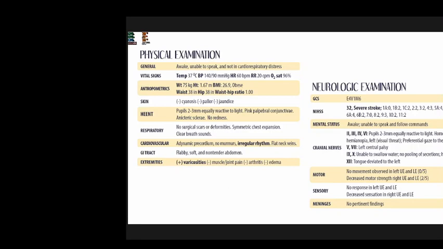Sorry, grams pala. Sorry. And we're using mannitol at 20.